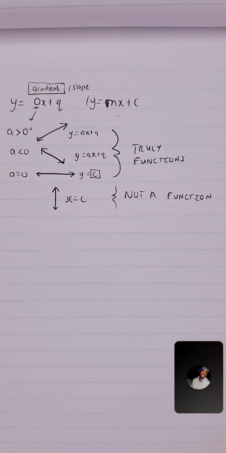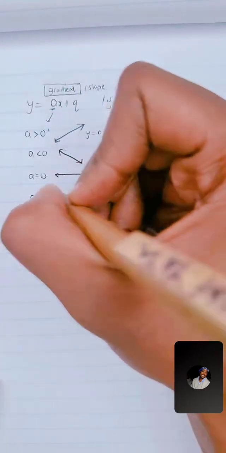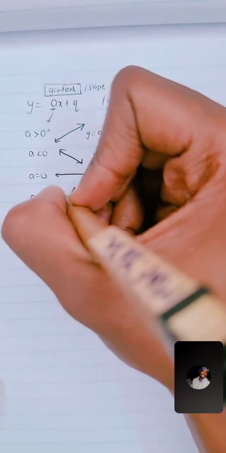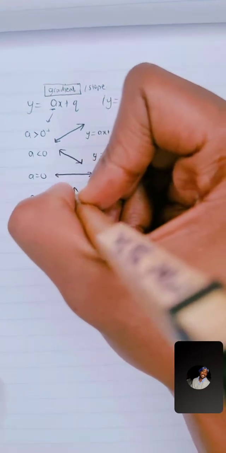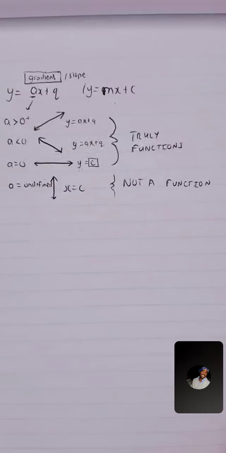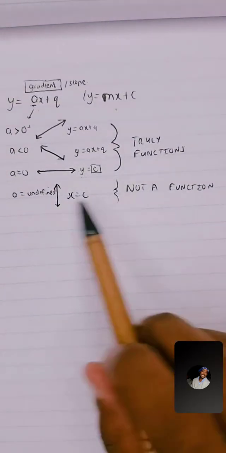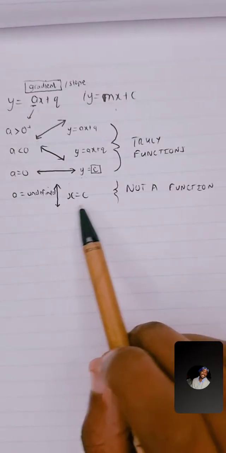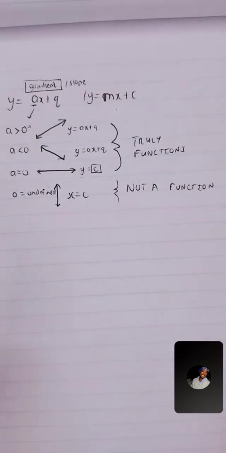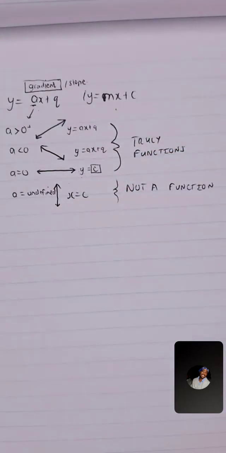Even though, of course, we basically say the gradient here is undefined. The gradient of the vertical line is not defined. And this vertical line will have the equation x is equal to some constant value. So your x value is constant throughout this vertical line, right?